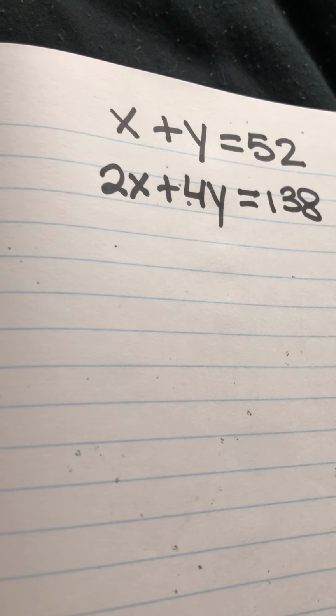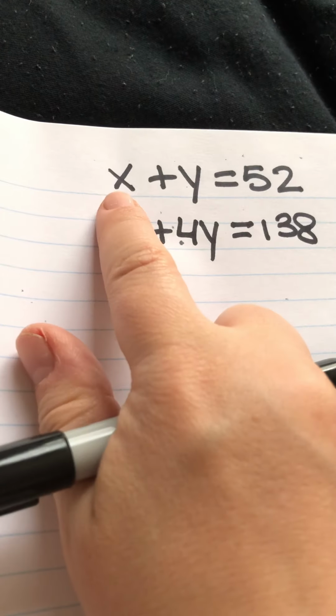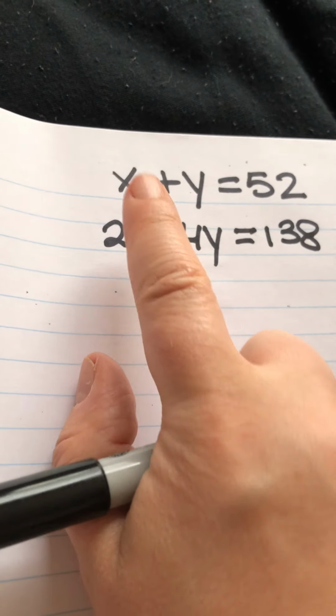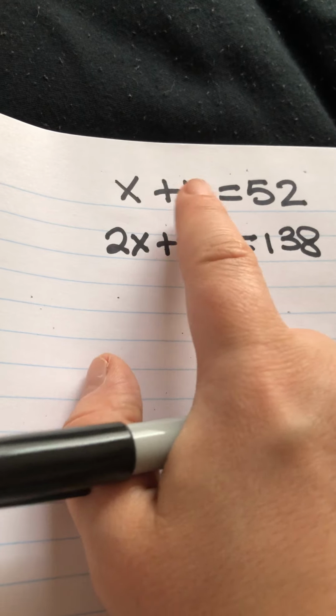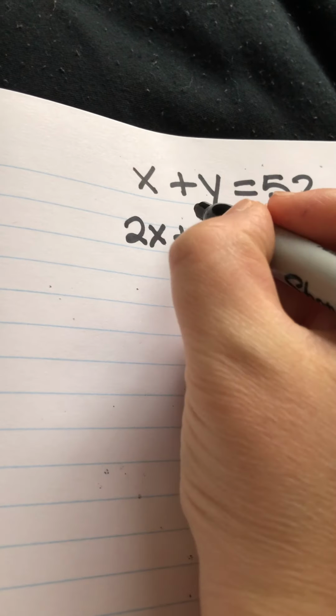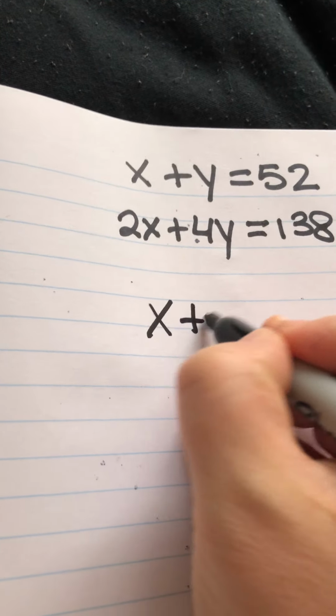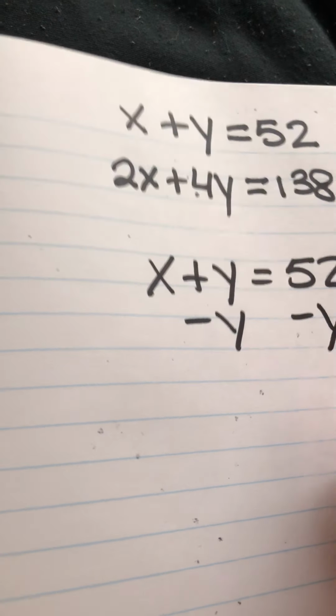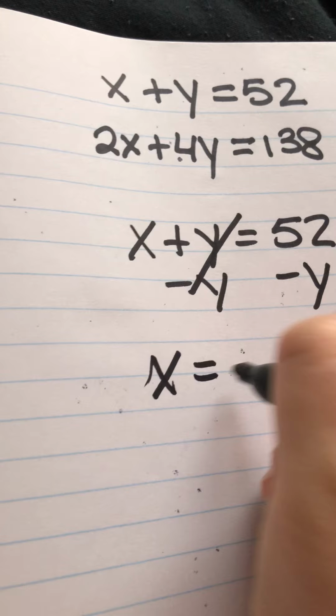Now, I need to decide whether I'm going to solve for X or Y first. I could very easily take my X over or my Y over and then plug in. I'm going to go ahead and get X by itself by moving my Y over, which means I'm going to take my equation and subtract Y from both sides to solve it.